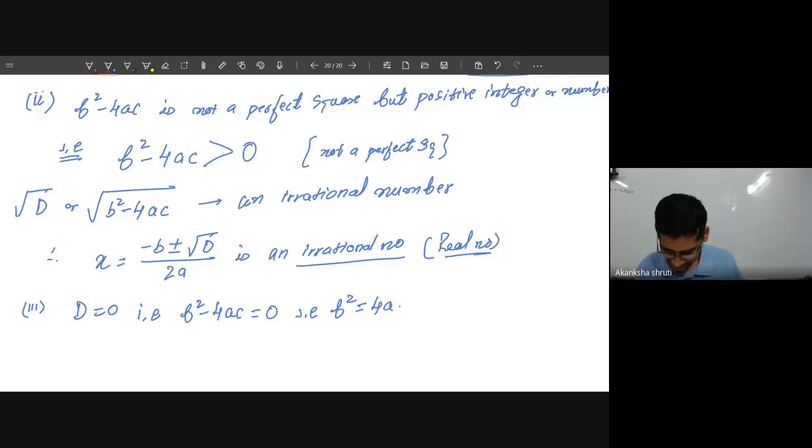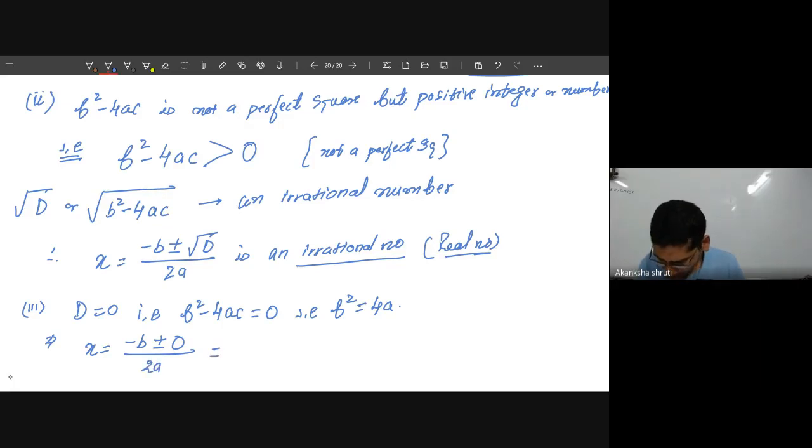Under that condition, what does it become? Then x is equal to minus b plus or minus under root of 0, which is the same as 0, by twice of a.